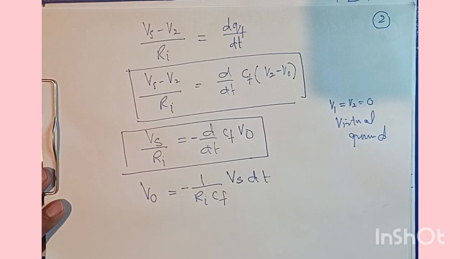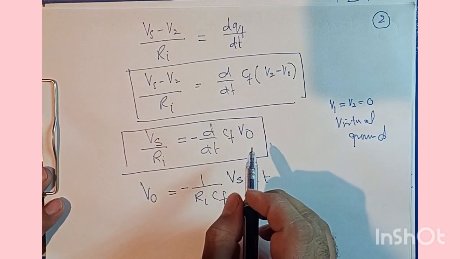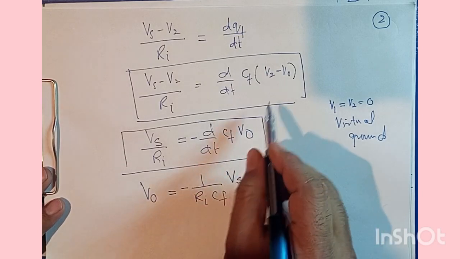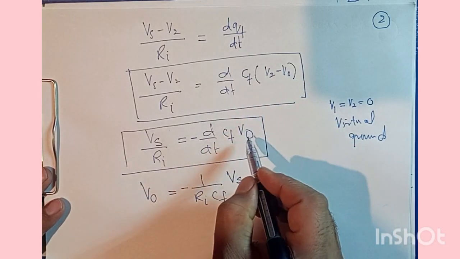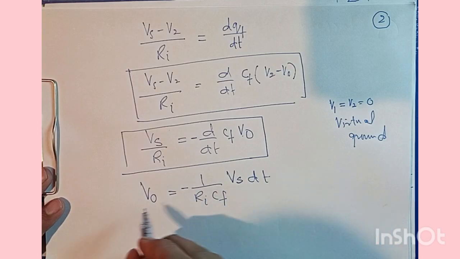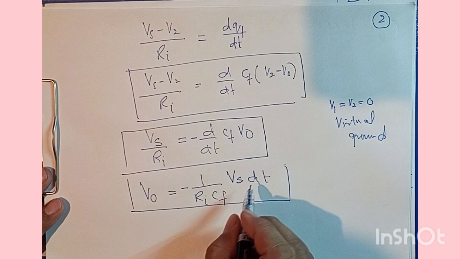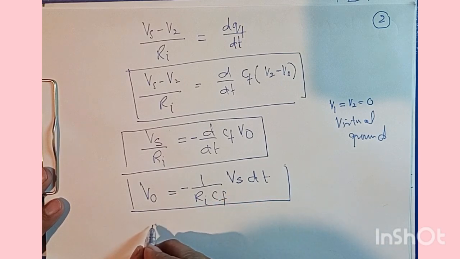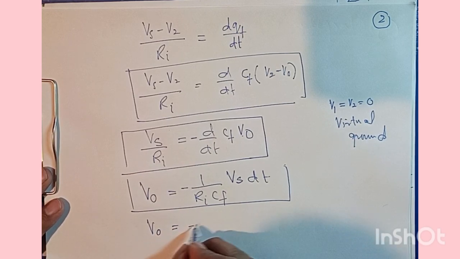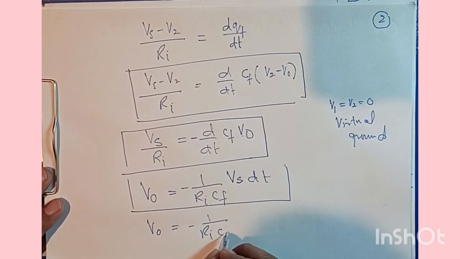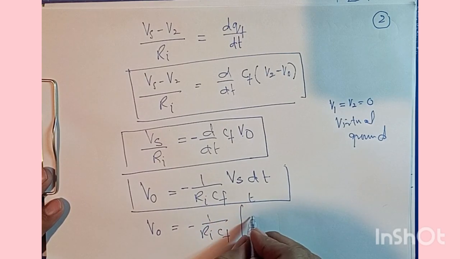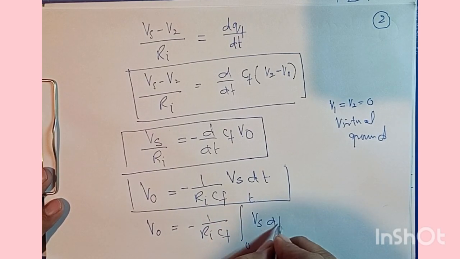Now, for the sake of mathematical simplicity, we can think of integrating this equation, and on integrating, what we are going to get is V out equals minus 1 upon Ri Cf integral from 0 to t of Vs dt.